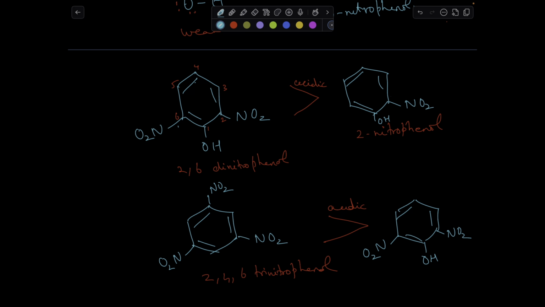So we can see how we can increase the acidity by using electron withdrawing groups in the appropriate positions. And 2,4,6-trinitrophenol, as opposed to phenol, is actually soluble in NaHCO3.